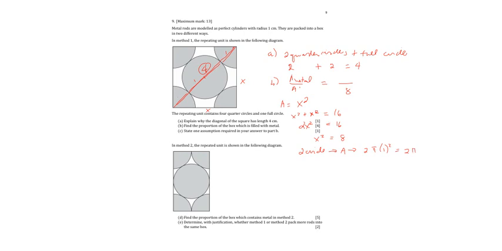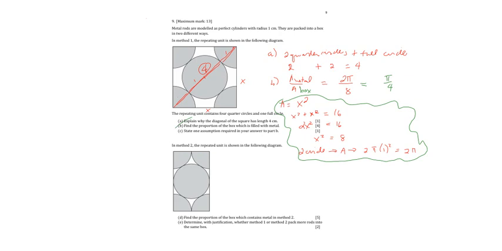So the proportion of the metal is 2 pi over 8. The area of the metal is 2 pi over the area of the box which is 8, as shown in the solutions. So it's equal to pi over 4. That's the proportion.